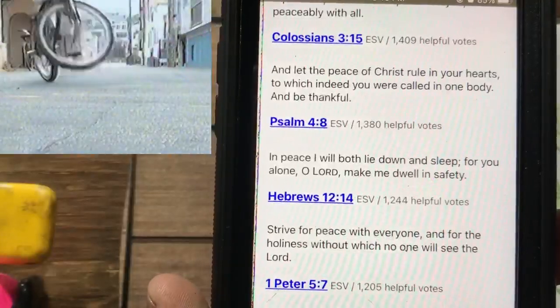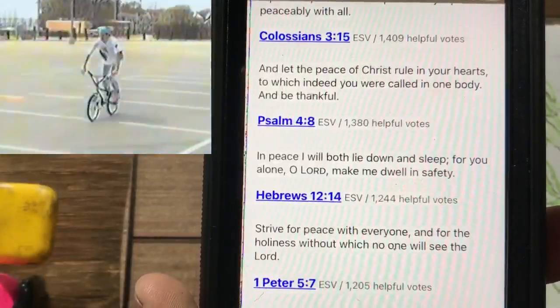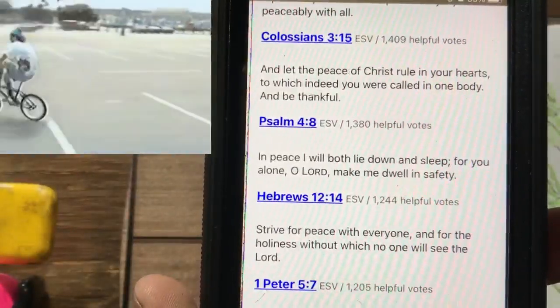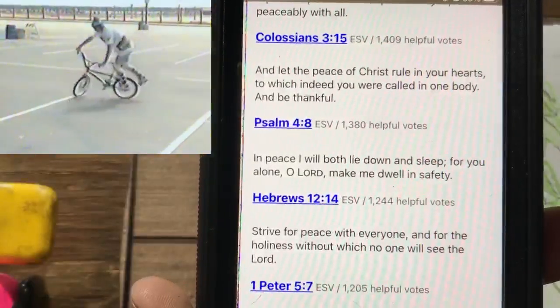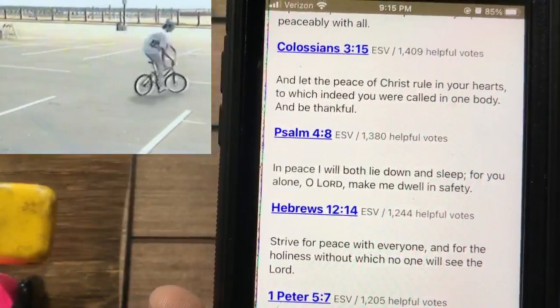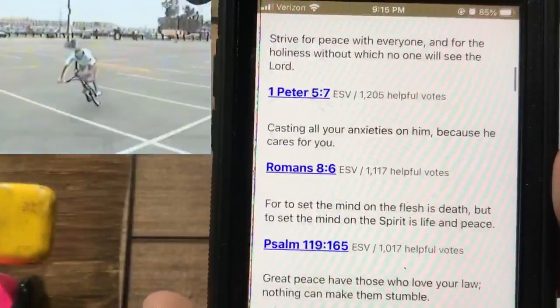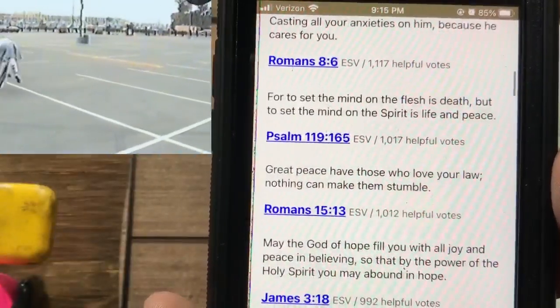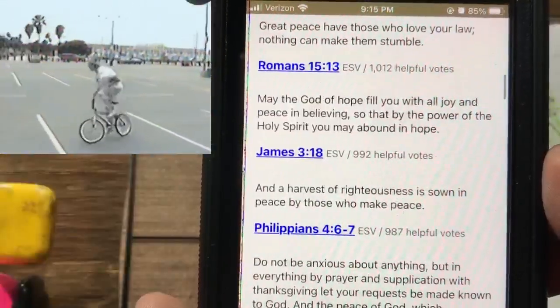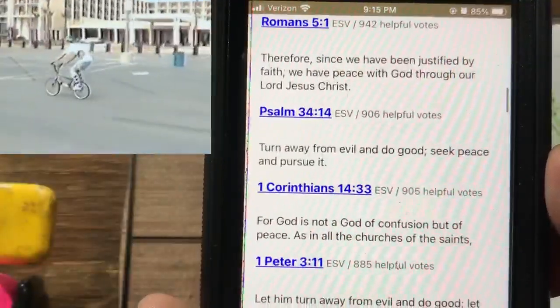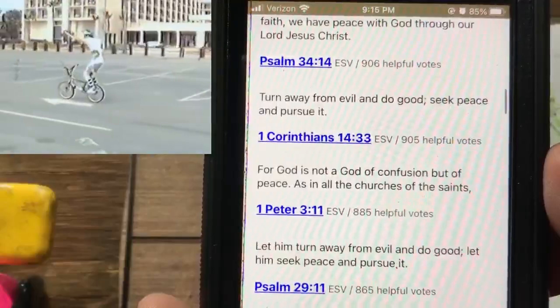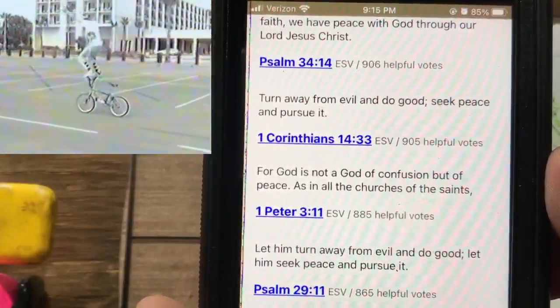Maybe this one: strive for peace with everyone. I don't know about that one. It's weird because they don't have the Ephesians 6 one in here.